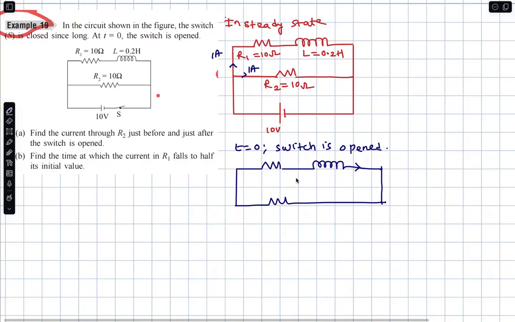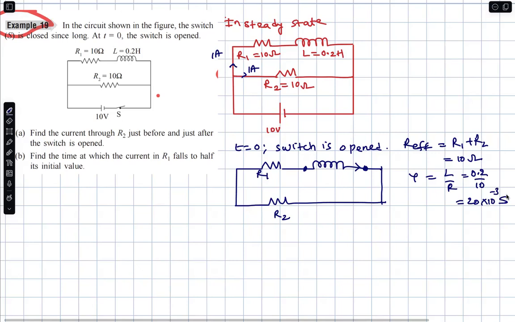The inductor acts as the source. R2, R1. So across the inductance, what is the effective resistance? It is nothing but R1 plus R2, which is 20 ohm. What is the time constant of the circuit? L by R, 0.2 by 20, so 10 milliseconds.